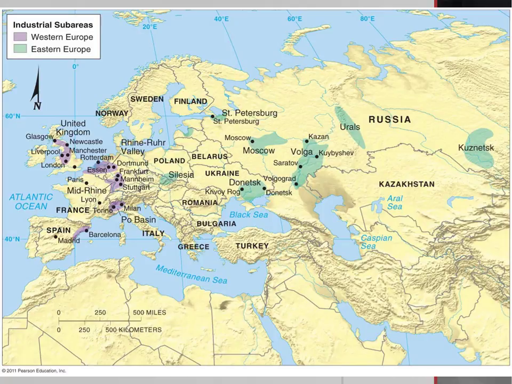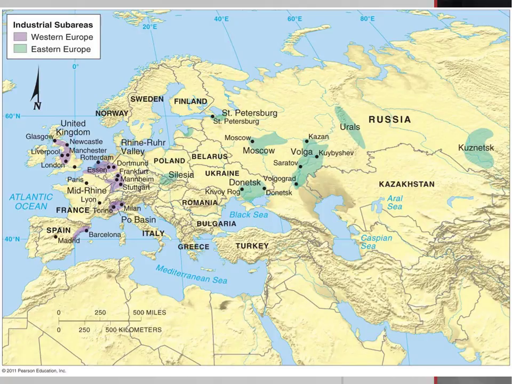Coming out of the United Kingdom, we see that they are a major hub of technology, so technological production. The next area is the Rhine-Ruhr Valley, which is in Germany, Belgium, and the Netherlands. And that is the number one industrial area of Europe. And in particular, they focus on iron and steel production.